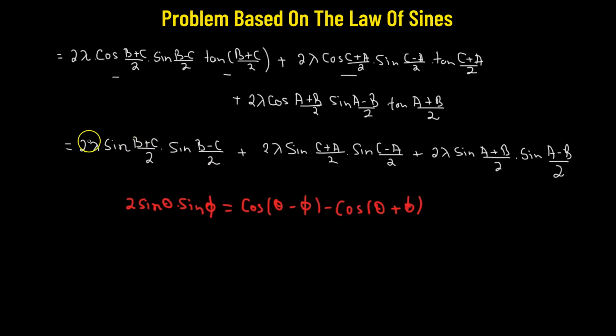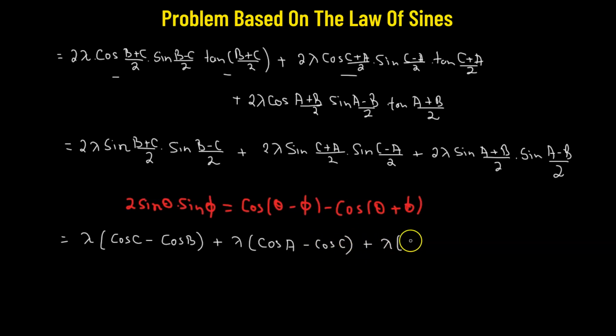So using this fact, we can combine 2 times sine of B plus C over 2 times sine of B minus C over 2, and this is going to give us lambda times cosine of C minus cosine of B. Similarly, the second term will give us lambda multiplied by cosine of A minus cosine of C. And the third term is going to be lambda multiplied by cosine of B minus cosine of A.